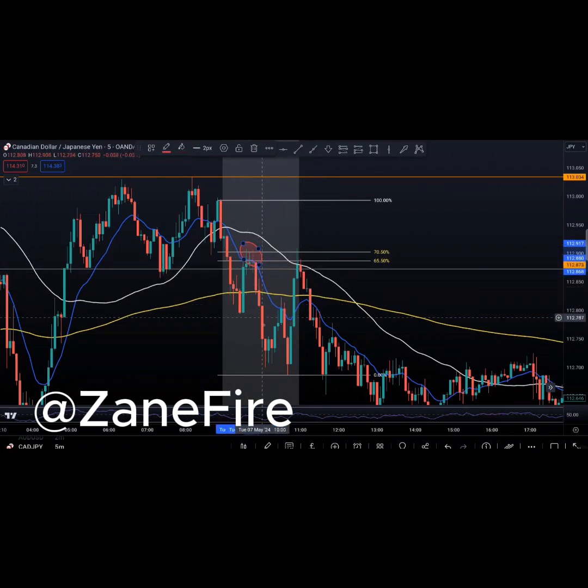A strong 3-wick rejection. Price came up, made that doji. Price immediately went down. So this is telling me, oh, sellers live in that area. So if the market comes back in that area, I can get in for a sale. The market made a move down, made a lower low, came back up, hit that area, wicked it, and then dropped.